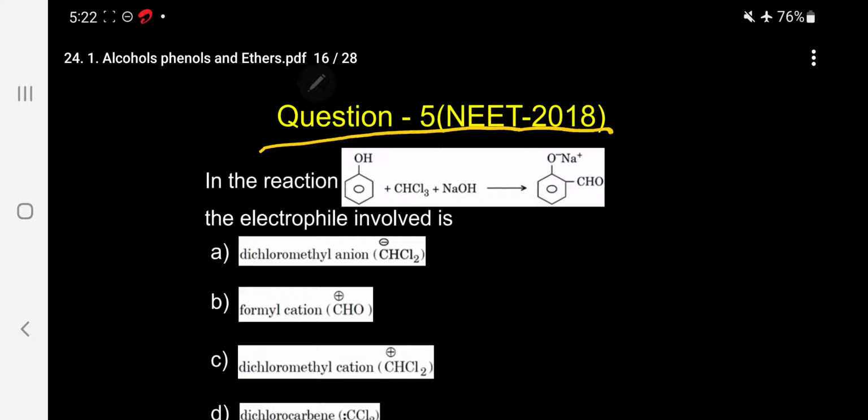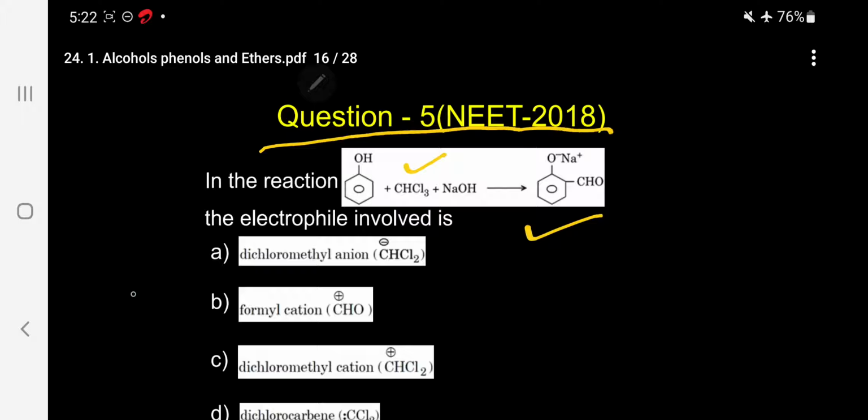In the reaction, phenol reacts with chloroform and sodium hydroxide to produce the corresponding sodium salt of the aldehyde group. This undergoes hydrolysis, giving salicylic aldehyde. The product will be salicylic aldehyde.